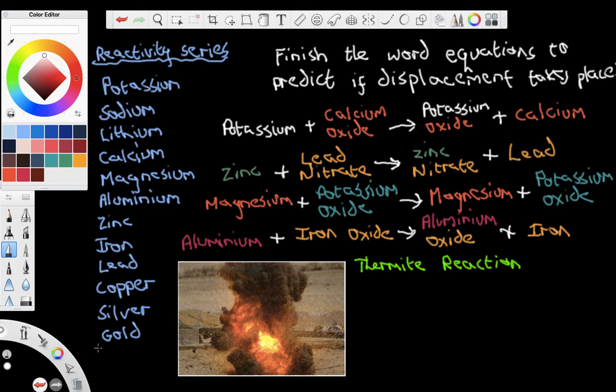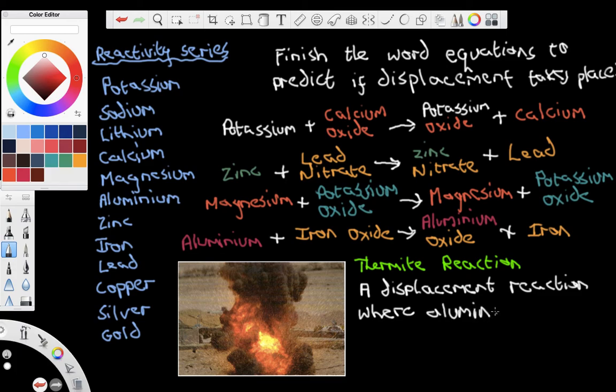A thermite reaction can be defined as a displacement reaction where aluminium replaces iron in an iron oxide compound.